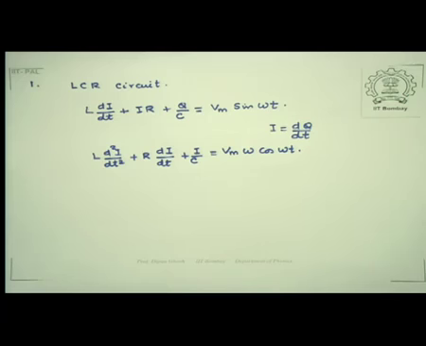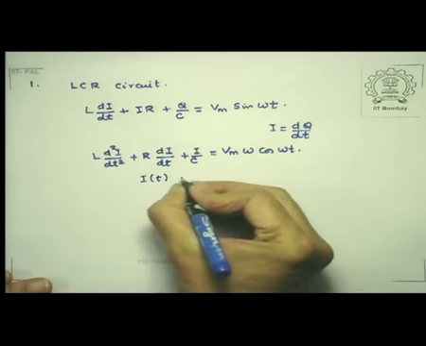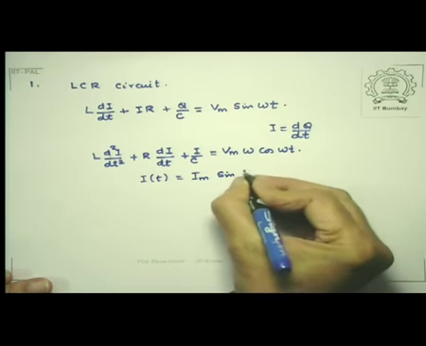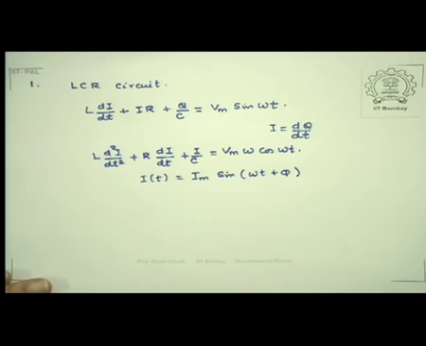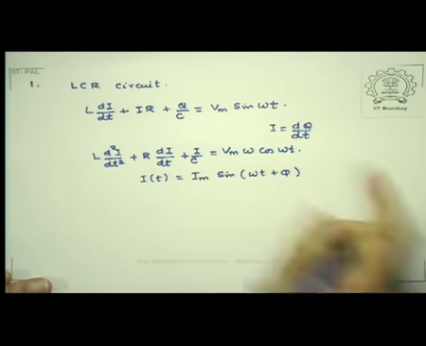We assumed that the solution for the current I as a function of time is given by Im sine of omega t plus phi, where phi is the amount of phase by which current leads the voltage.